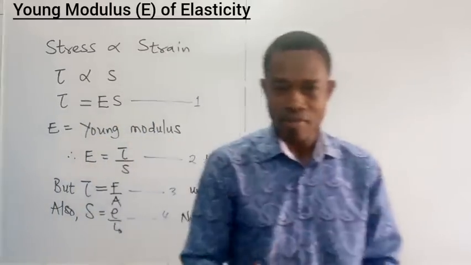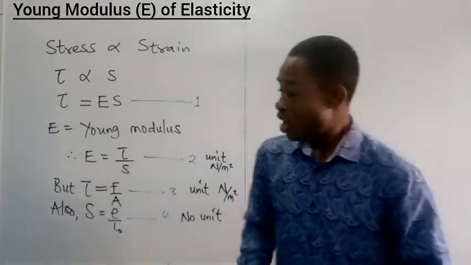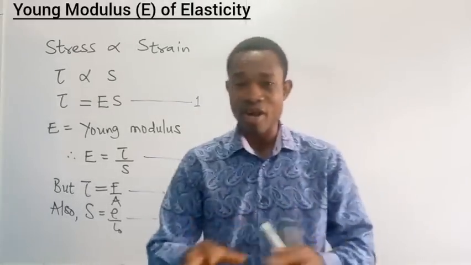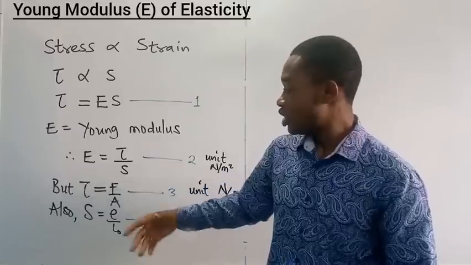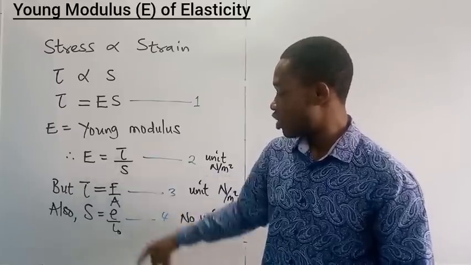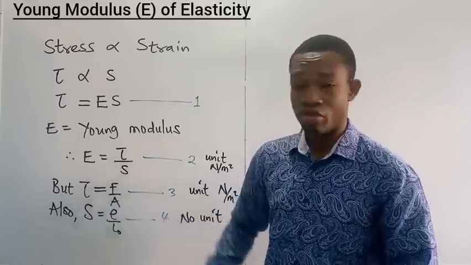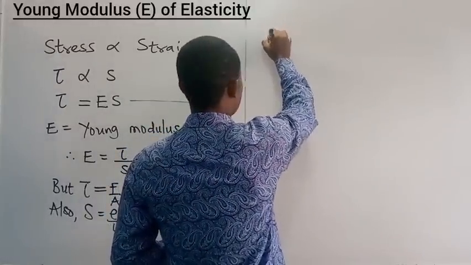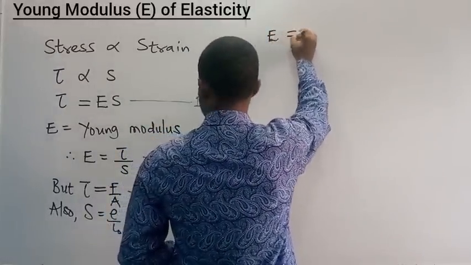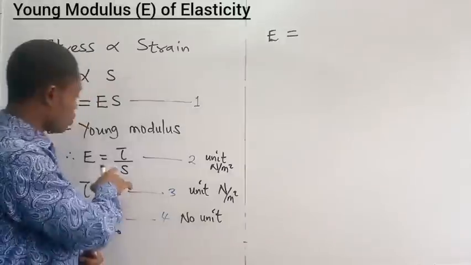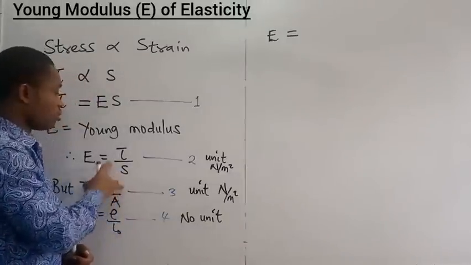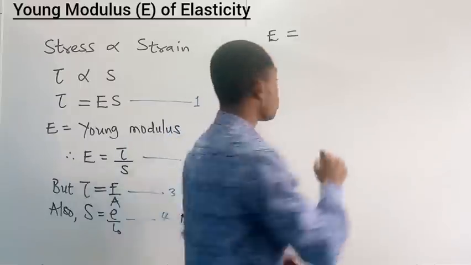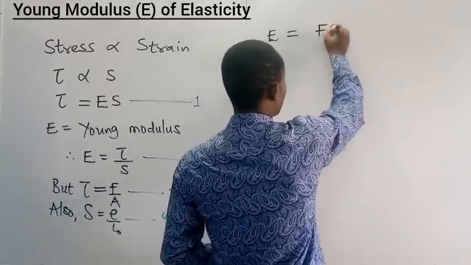Alright, having established this fact, I'd like us to move on still to play around with this equation. I can actually substitute force over area for stress, extension over original length for strain. Let's do that and see what we are going to get. From equation 2, Young modulus is equal to, in place of tensile stress, I'm going to fix force over area.